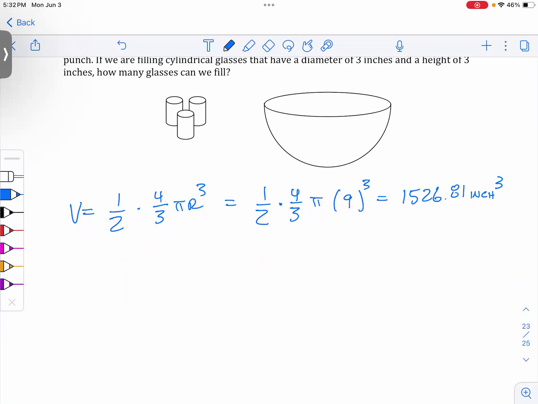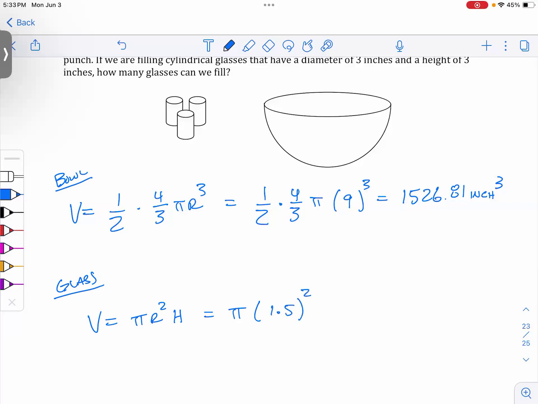So we want to see how many glasses we can fill. We need to find the volume of each glass. The volume of a cylinder was pi r squared h. We are told the diameter of each glass is 3 inches, which means the radius of each glass is 1.5 inches.